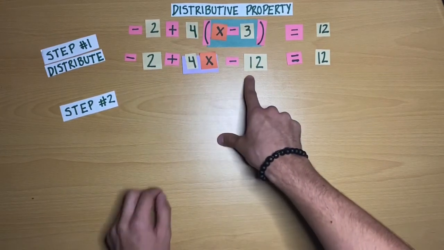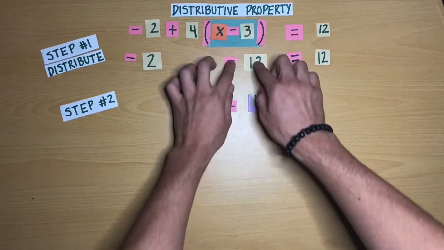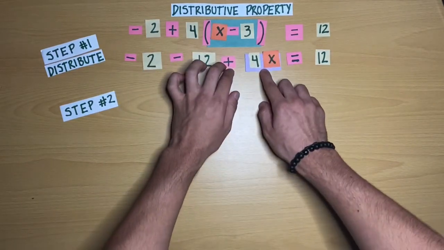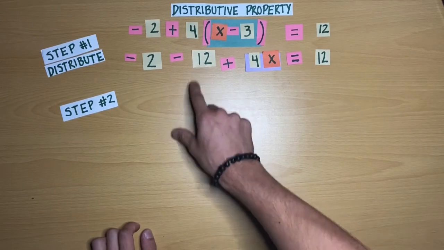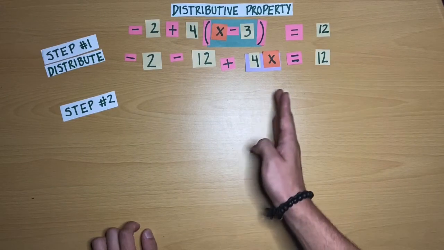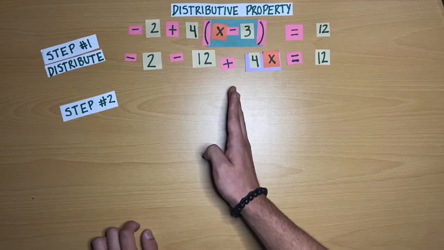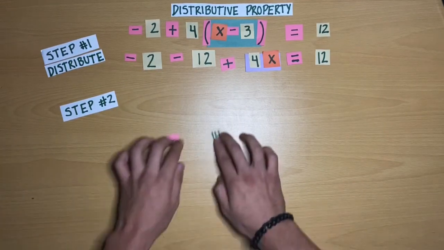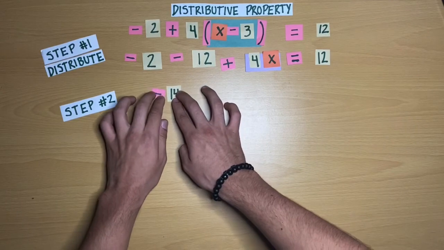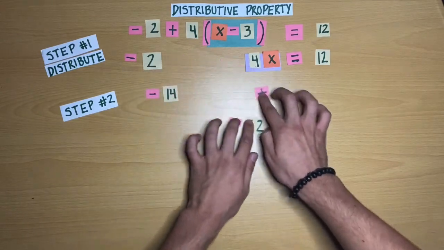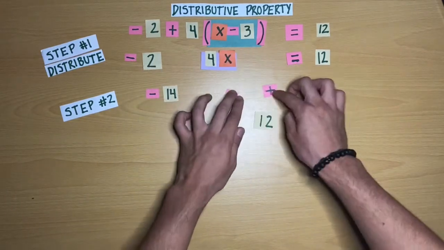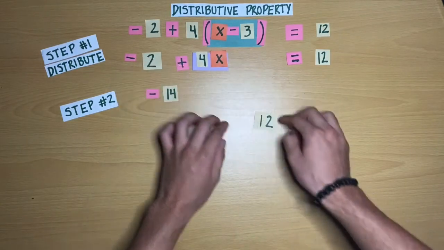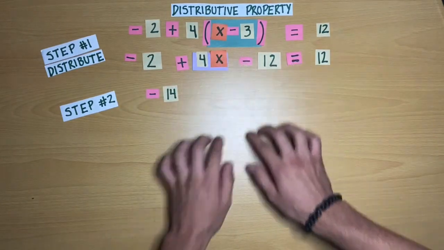-2 minus 12. I'll move these like this so it's clear what we're doing. -2 minus 12. Well, if you're at -2 on the number line, and then you subtract 12, you go further left. And that's just -14. And I'll go ahead and move these back so we can keep it the same as it was before.